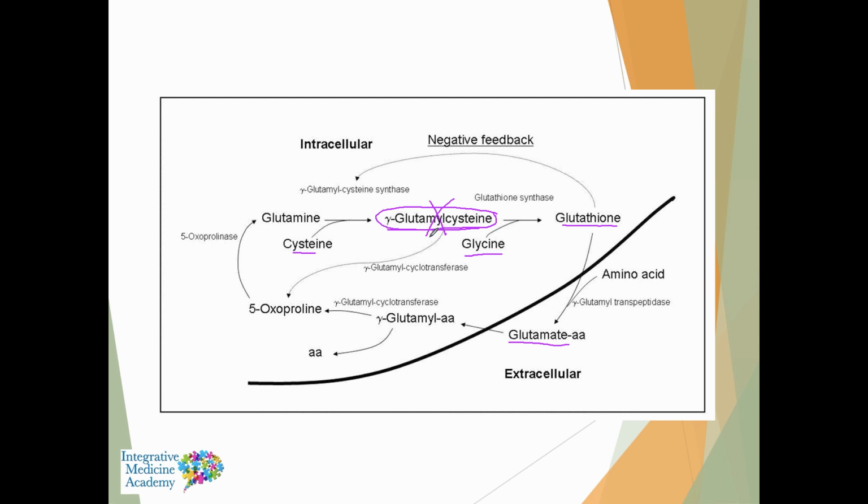Acetaldehyde is a byproduct of ethanol or alcohol metabolism, but it's also a byproduct of glucose metabolism coming from candida or yeast. It's been shown chemically that acetaldehyde can bind or interact with gamma-glutamylcysteine, which could then lead to a glutathione deficiency.